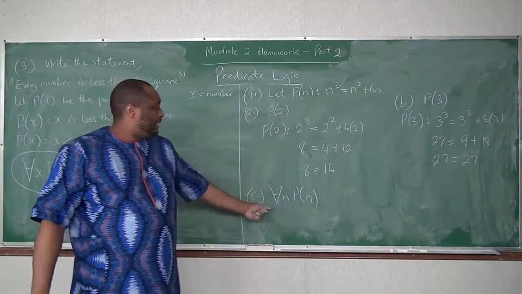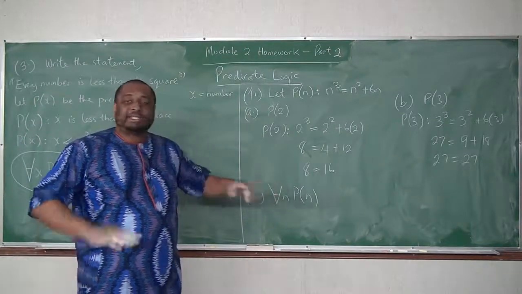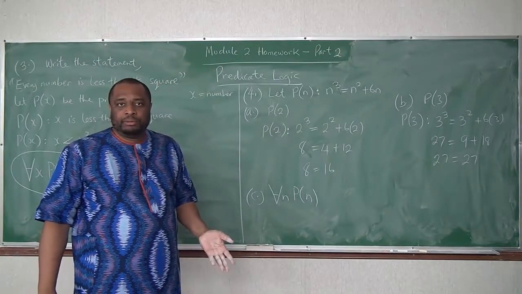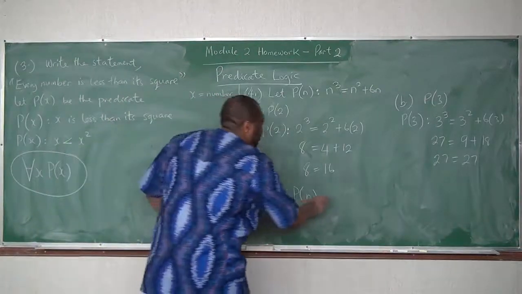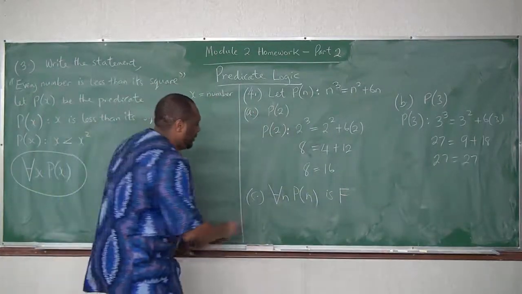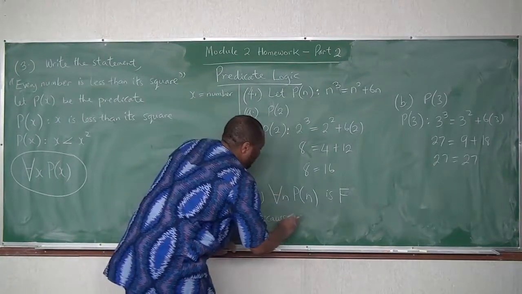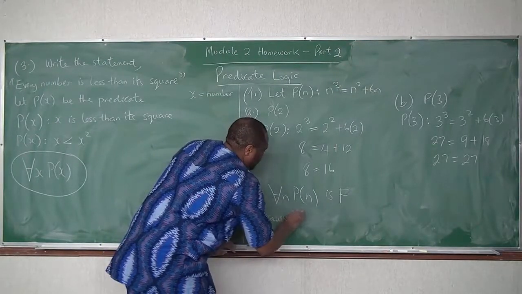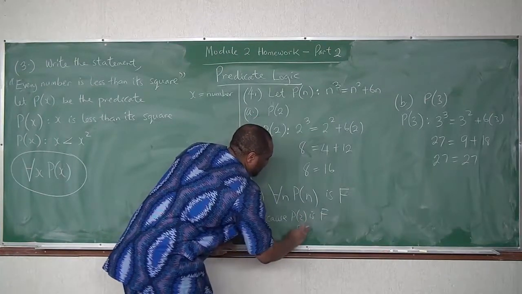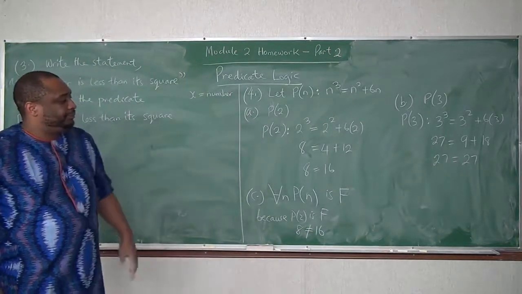Well, you could see for all n, the universal quantifier, P of 2 did not work. This is false, because 8 is not equal to 16. P of 2 didn't work.